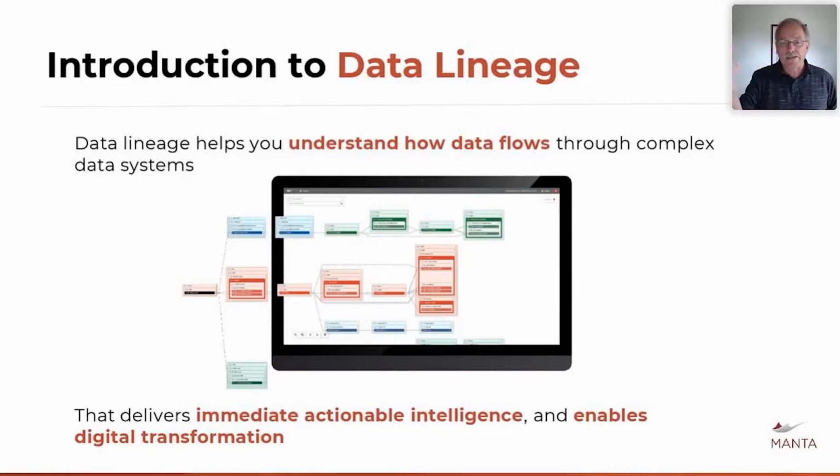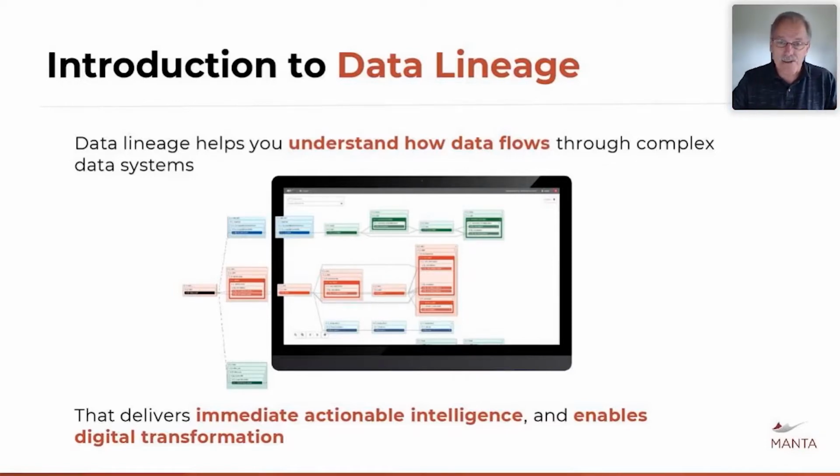Maybe it reformats it and puts it into a data warehouse so that your reporting system can report on it. So that's data flowing through your organization. Manta provides you with that picture of that flow.